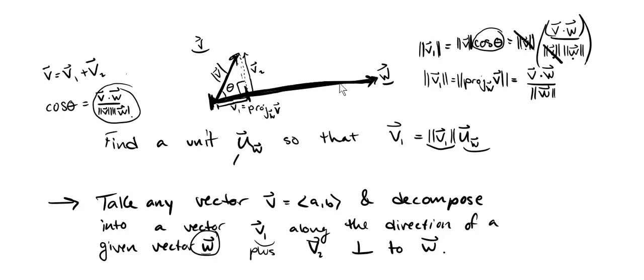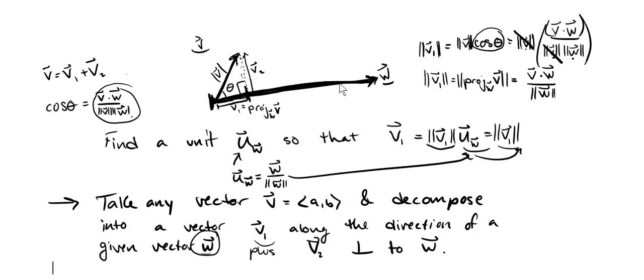But we know how to find the unit vector in the direction of a given vector. We take the vector and divide by its own magnitude. We called that normalizing in a previous lecture. This thing is its own magnitude times a unit vector in its direction, which is its own magnitude times the unit vector here. We'll just plug in now.